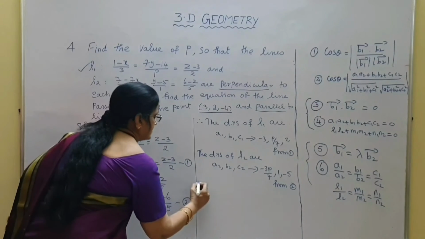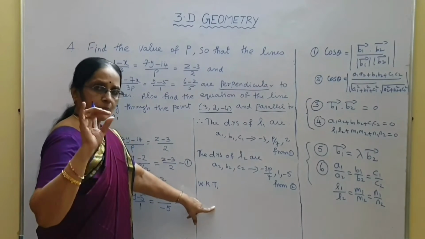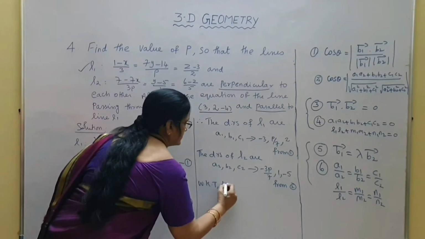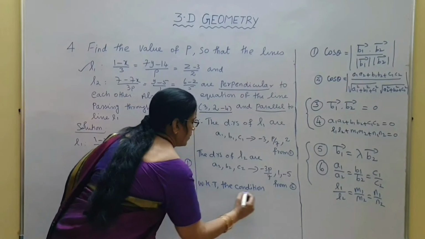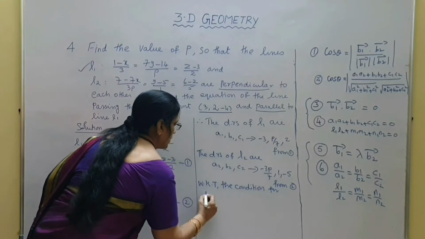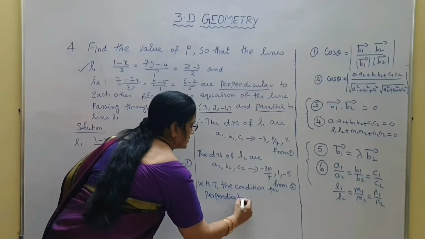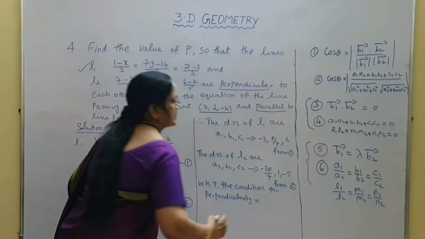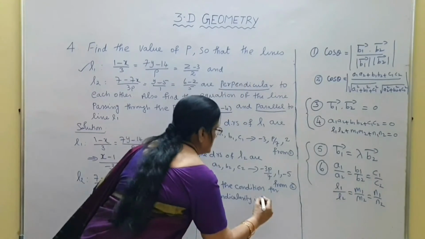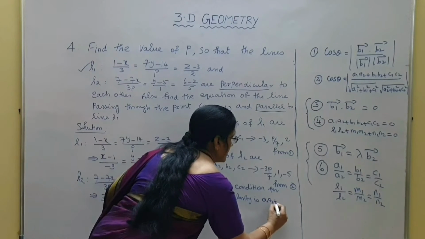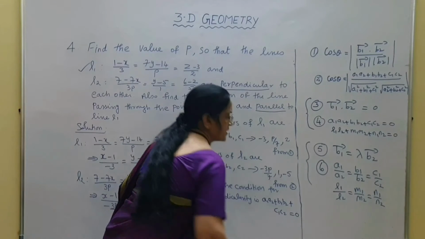We know that the condition for perpendicularity is A1 A2 plus B1 B2 plus C1 C2 equal to 0.